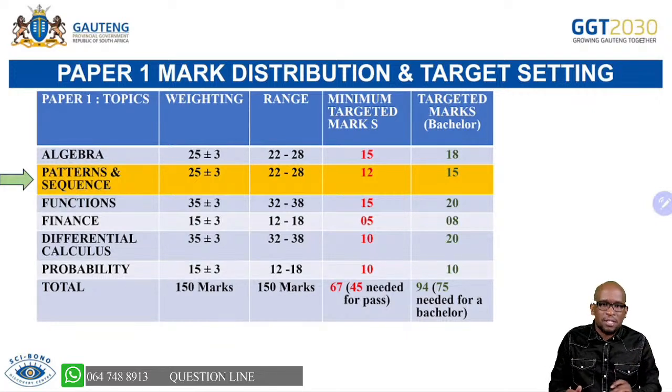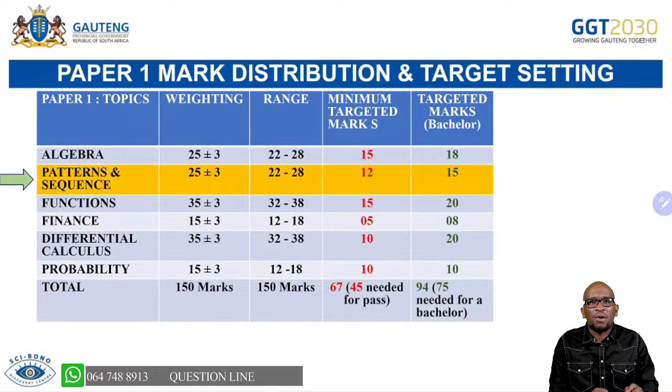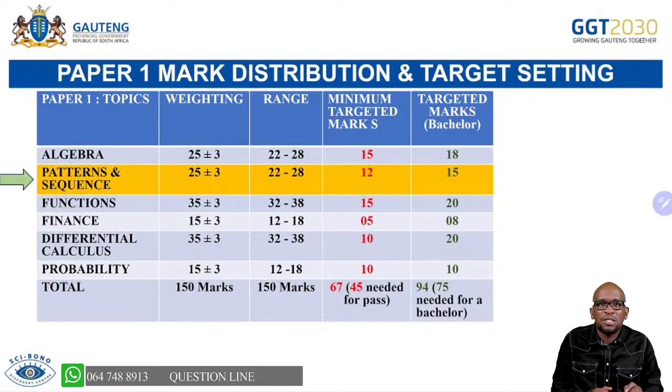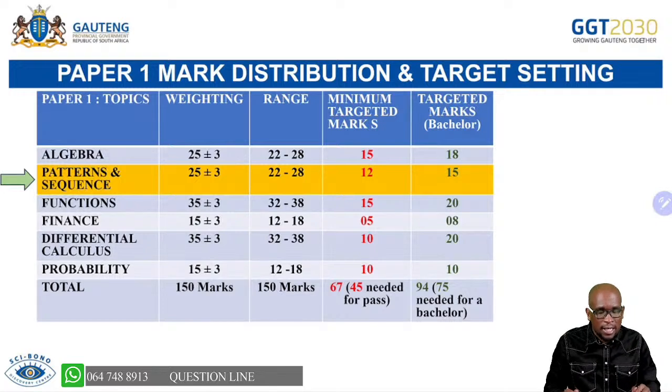So please ensure that the target setting is kept alive, and then you are tracing whether you are meeting those required targets, so that if you are not meeting them, then you can interact with your teacher so that they can intervene.